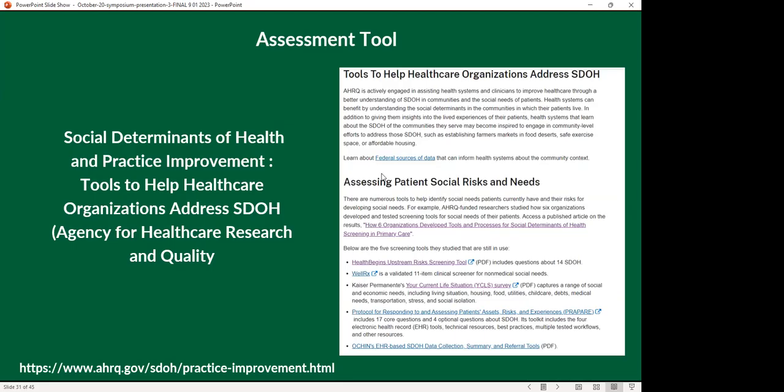So the one that I showed you was the Kaiser Permanente, the one that is listed here. But here you can have any tool that you need. You don't need them all, but you can find the one that best suits the needs of your office, clinic, community, so that you can assist your patients with their needs. So you can take a snapshot of this particular URL.